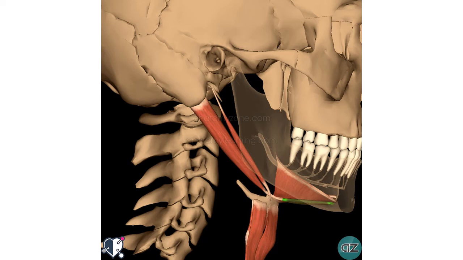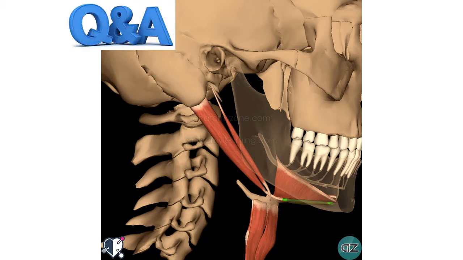Let us combine the two muscles, the digastric and the stylohyoid muscle, in one picture by asking ourselves a few questions. This structure is hyoid bone, and this is the styloid process, and the muscle comes from the styloid process and attaches to the hyoid bone by bifurcating tendon.